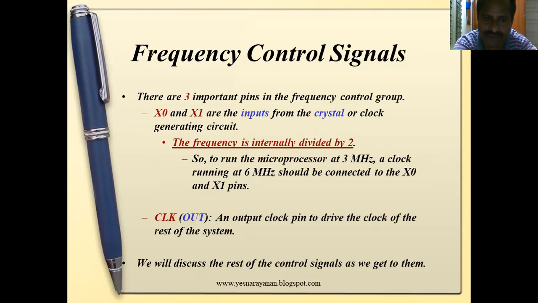So, to run the microprocessor at 3 MHz, a clock running at 6 MHz should be connected to the X0 and X1 pins. Clock out: an output clock pin to drive the clock of the rest of the system. We will discuss the rest of the control signals as we get to them.